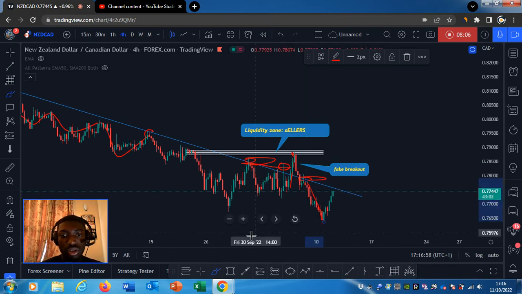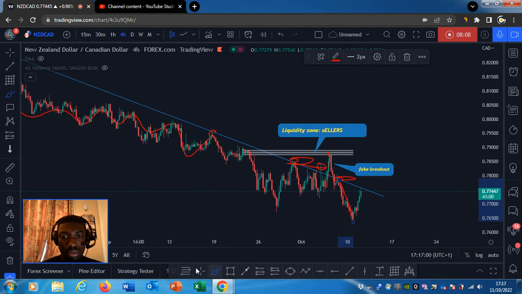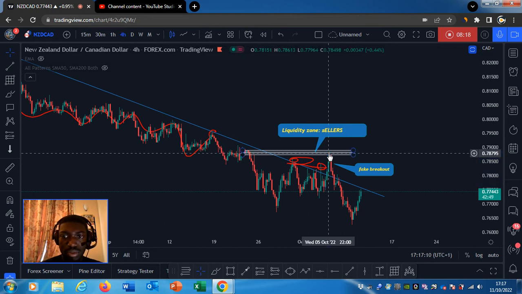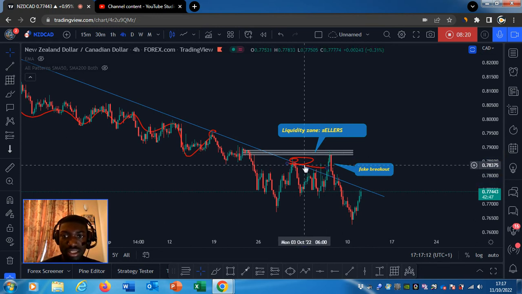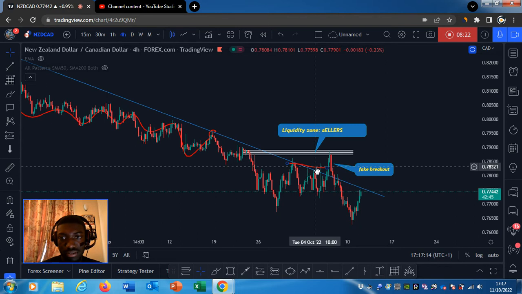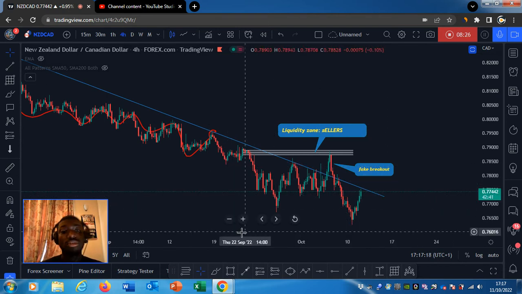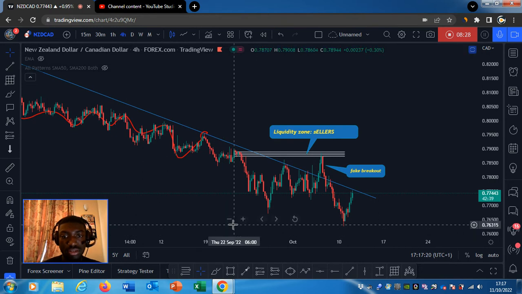That's how the market participants normally trade, and they hunt out all these stop losses. Retail traders normally don't understand these dynamics of the market. So this is how institutional traders normally enter and trade in the market.